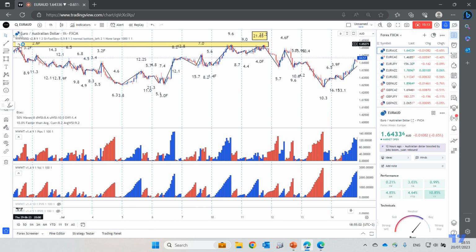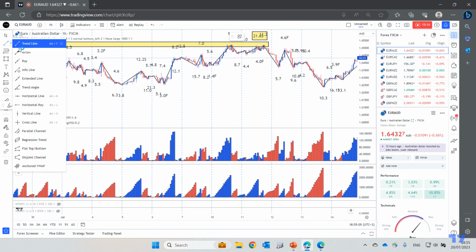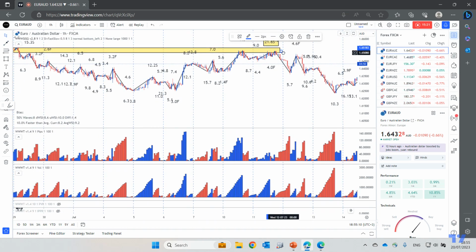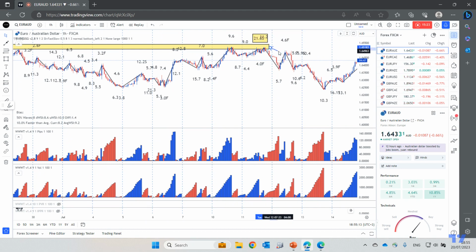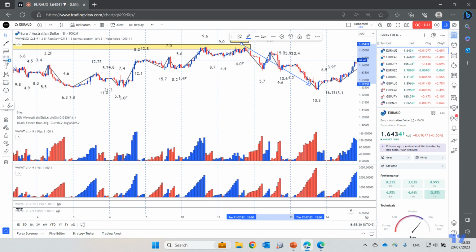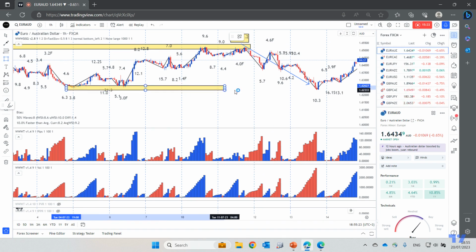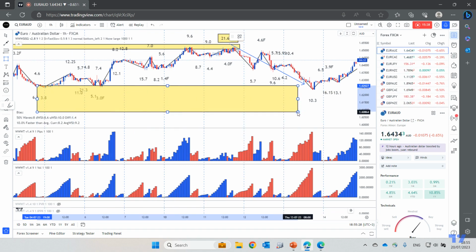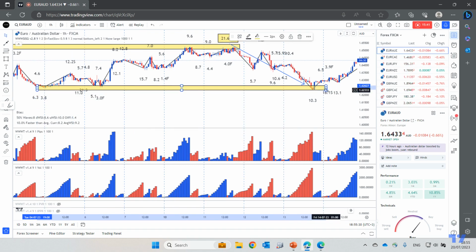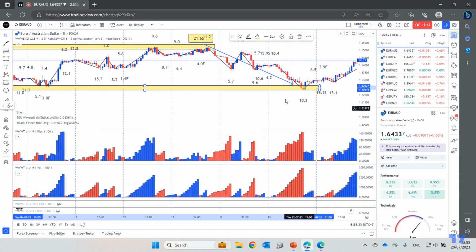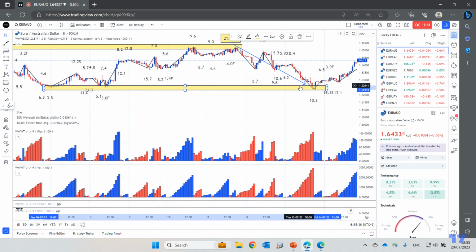Then we started going down, and then where did we find buyers? Our next level is this one, which is a support level. Are we going to find buyers here? Well, so far we're going with nice down waves, so no buyers appeared here. So you would think, okay, we'll keep going down.